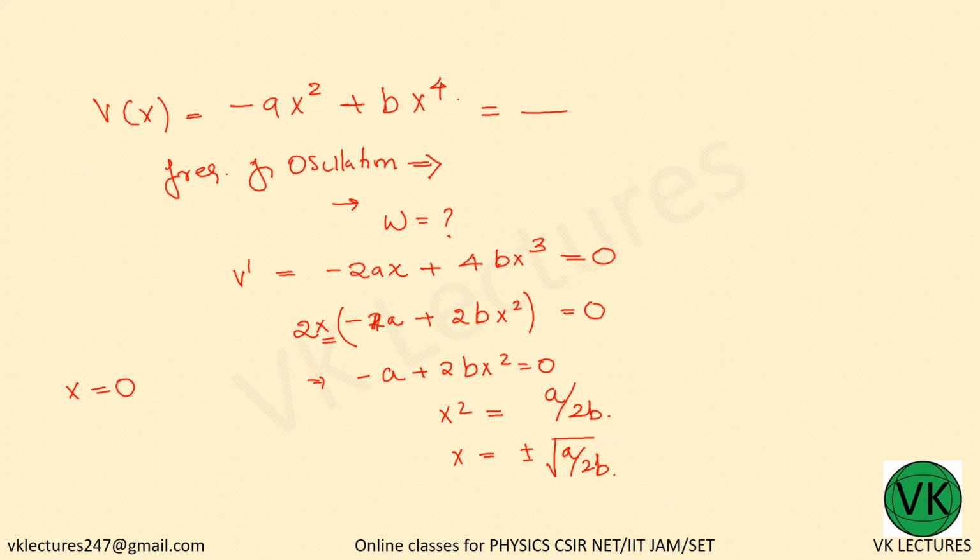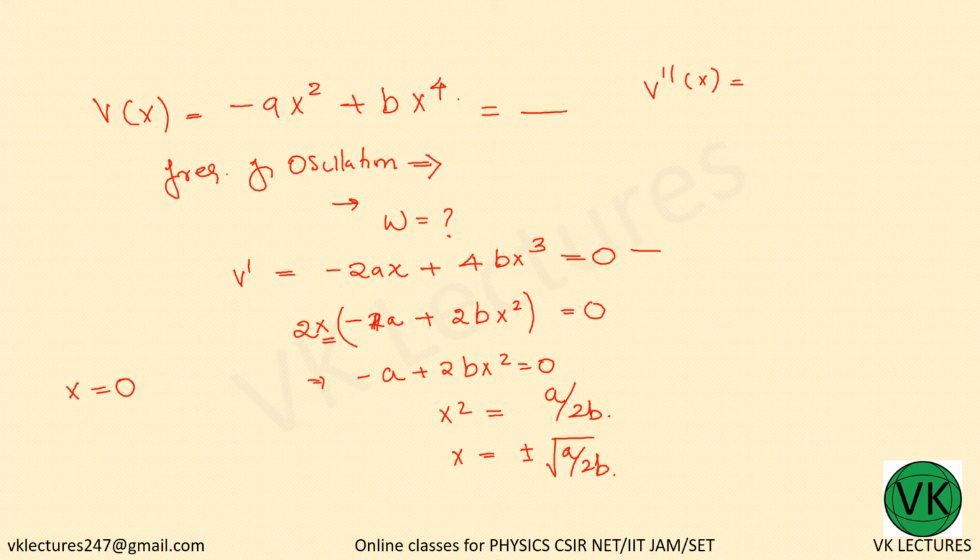Now we can do v double dash of x. V double dash of x is equal to what? Just take this equation, not the simplified equation. Please don't use the simplified equation, because that is not the actual equation that we have.